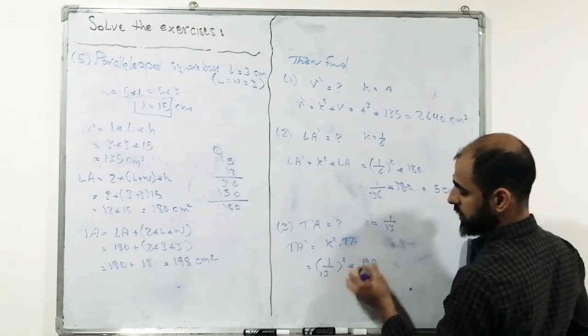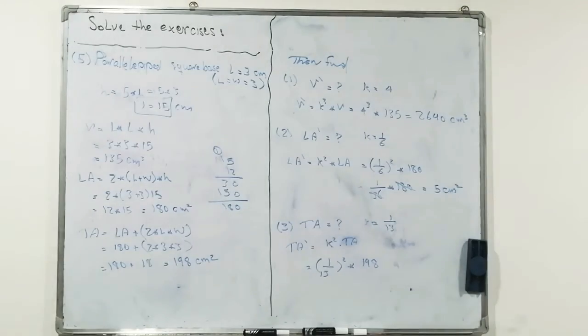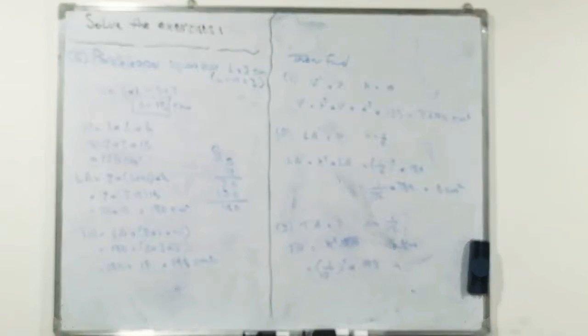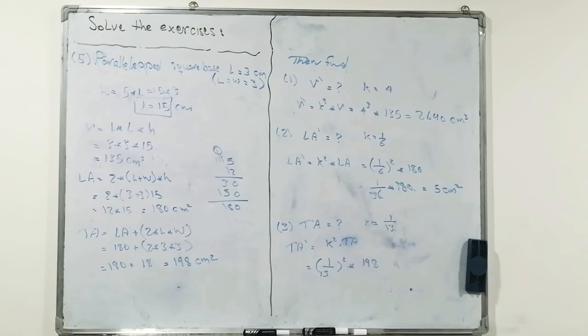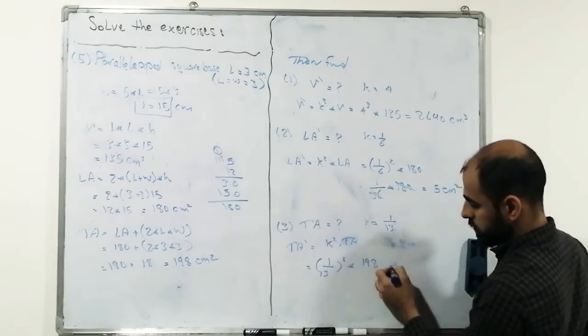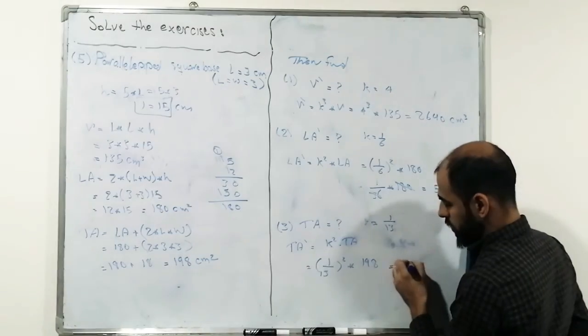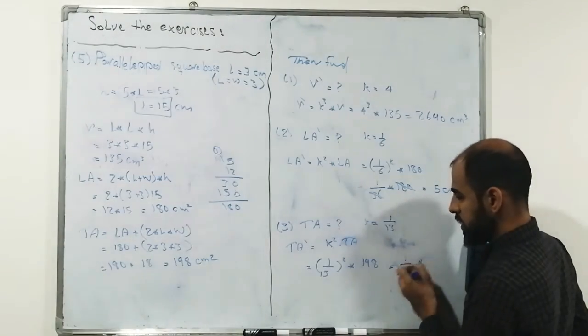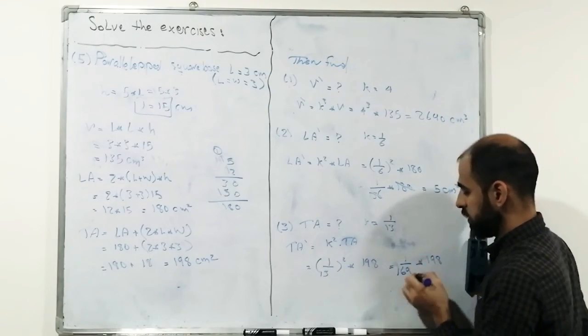After distributing the power on the numerator and the denominator, then we divide. 1 to the power 2 is 1 and 13 to the power 2 is 169, multiplying by 198.